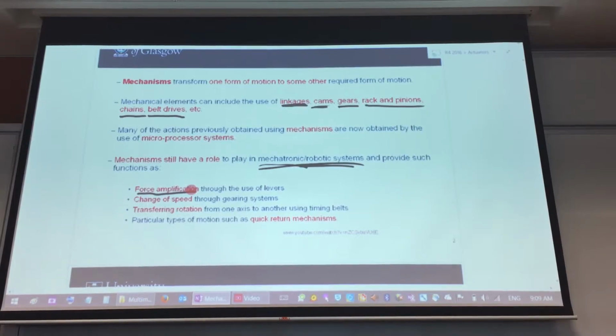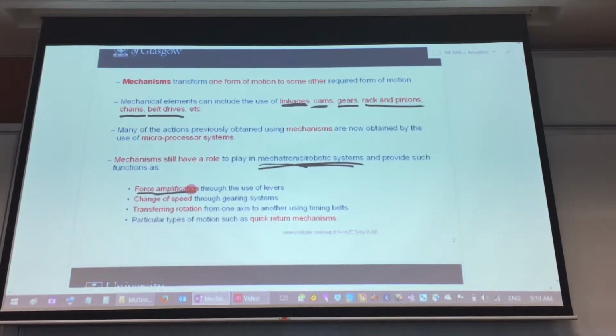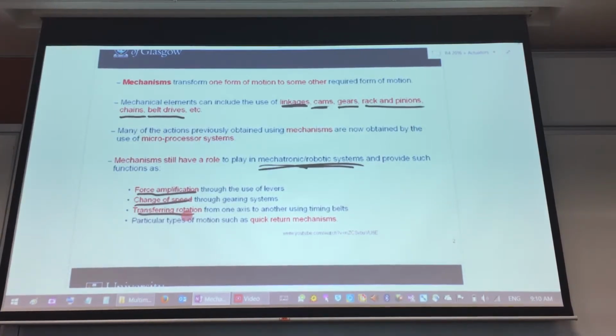So that's something that electronic products wouldn't be able to do, because there are some mechanical advantages that you can derive out of mechanisms. And we also use mechanism to change speed, transferring rotation from one shaft axis to another shaft axis.